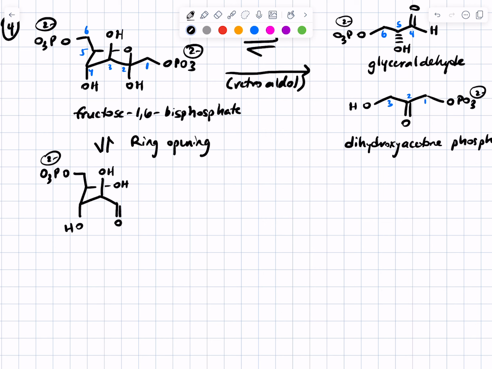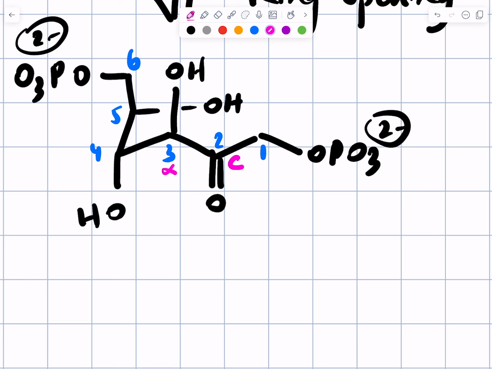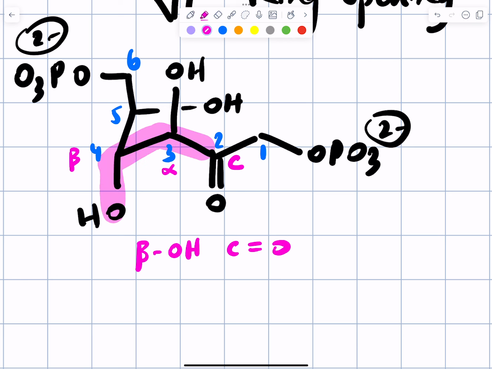The ketone is here on C2, and then C1 has the phosphoester on it. So 1, 2, 3, 4, 5, 6. Now, C2 is the carbonyl carbon, C3 is the alpha carbon, C4 is the beta carbon. Hopefully you can see there and identify the beta hydroxycarbonyl compound that is indicative of an aldol product.